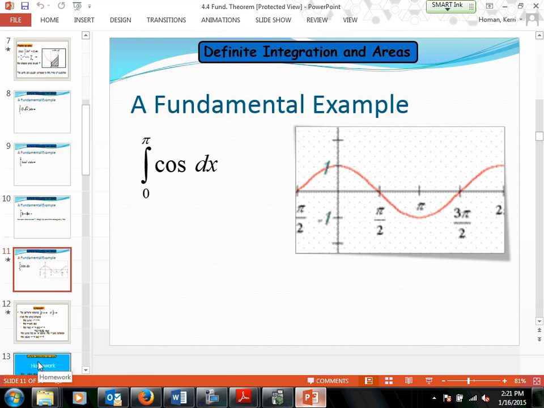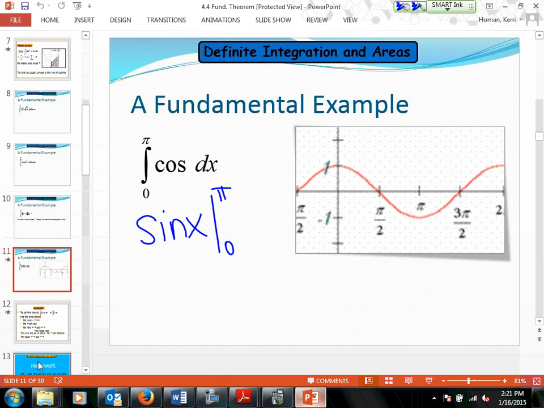All right, this is a fun one. The integral from 0 to pi of cosine of x. It looks like it would be 0. What is the antiderivative of cosine? Sine. Positive sine, people.